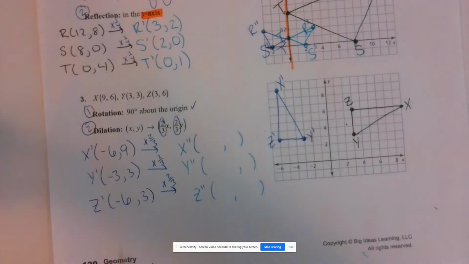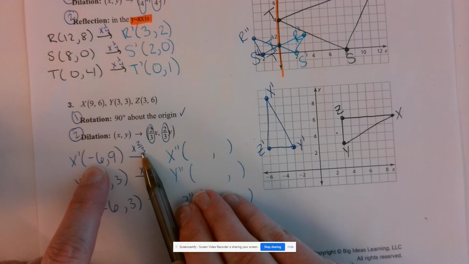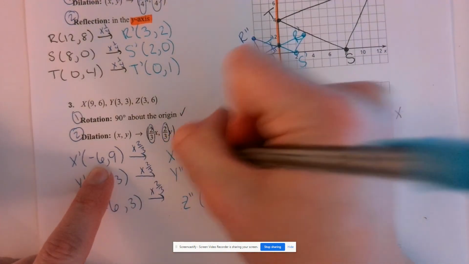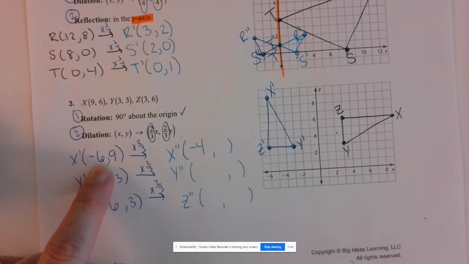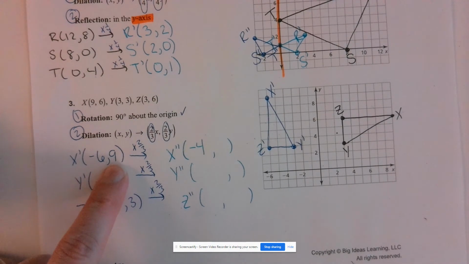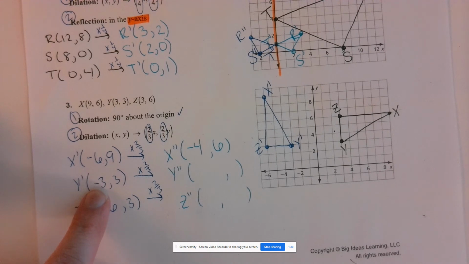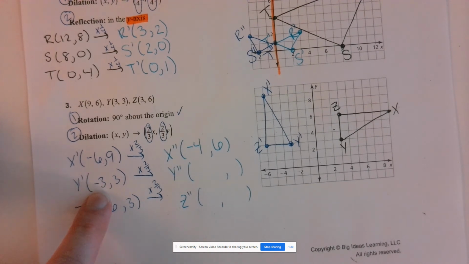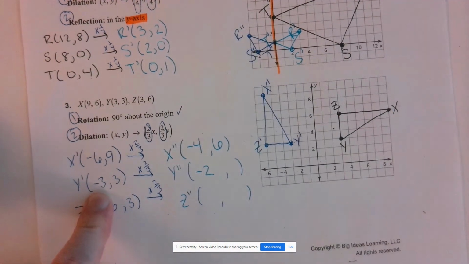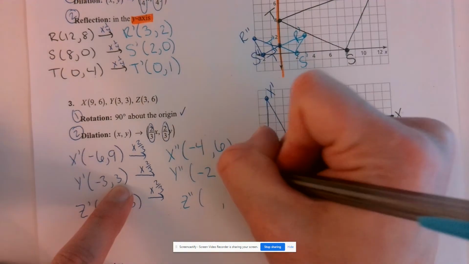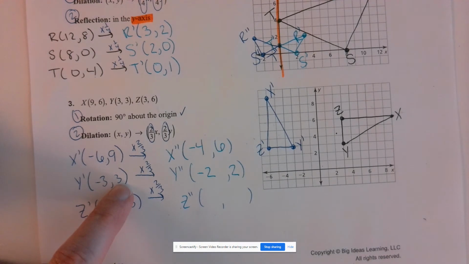Okay. Negative 6 times 2/3 is going to be negative 4. Nine times 2/3 is 6. Negative 3 times 2/3 is negative 2. 3 times 2/3 is 2.